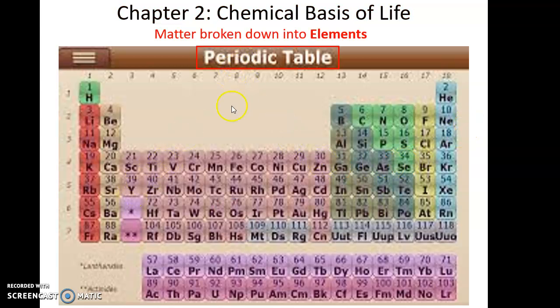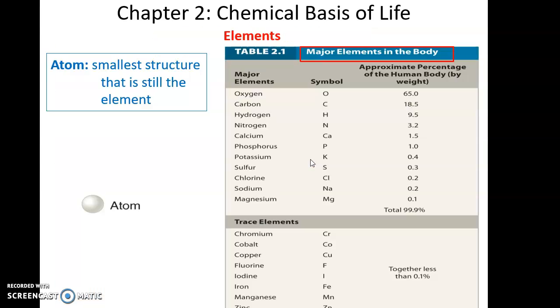Now, matter gets broken down into all kinds of different elements. So the elements are the different flavors of matter. There's apparently 118 of them, although most of them we will not have to worry about for human anatomy. And the main elements that we will need to worry about are summarized in this table.